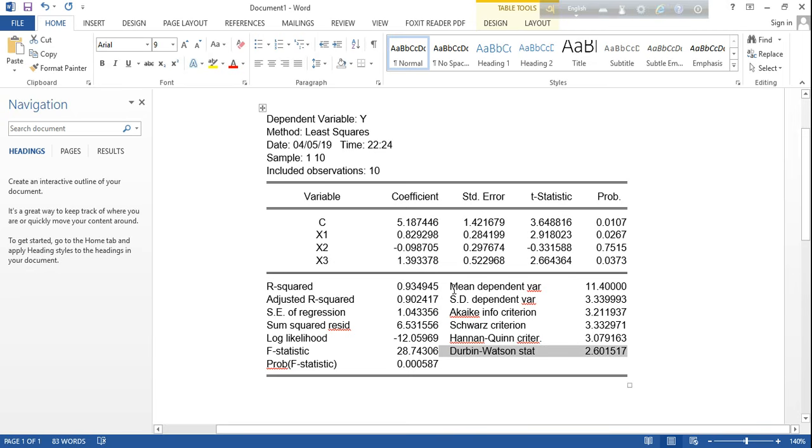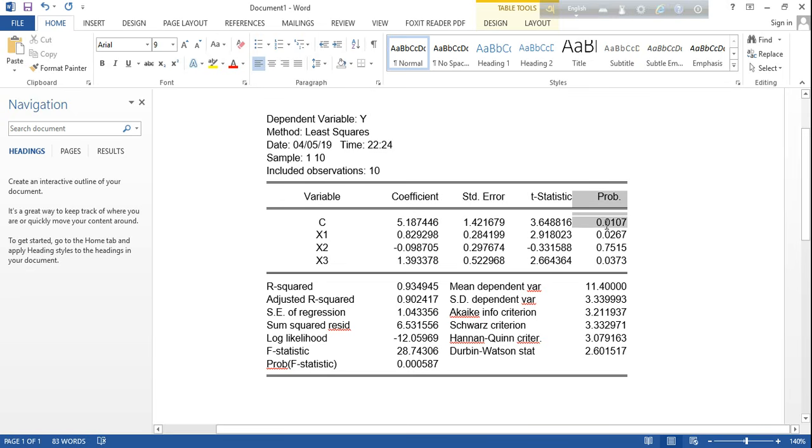We'll not interpret other statistics because these are not so important, but if you want you can interpret them. But I'm not going to show you the interpretation of the other statistics of this regression outcome. So let's start the interpretation.